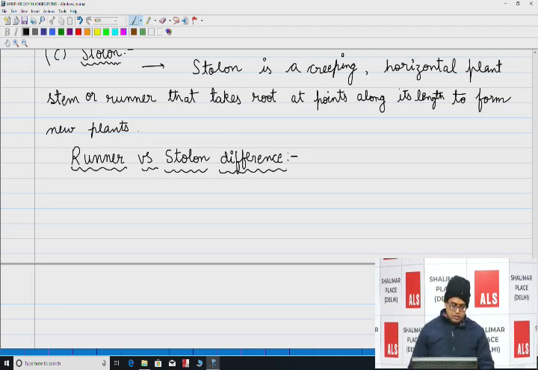Can you guess what is the difference between runner and stolon?